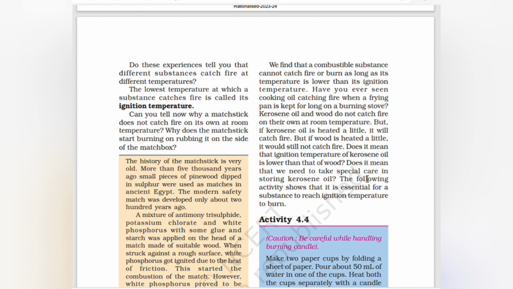Does it mean that the ignition temperature of kerosene oil is lower than that of wood? Does it mean that we need to take special care in storing kerosene oil?